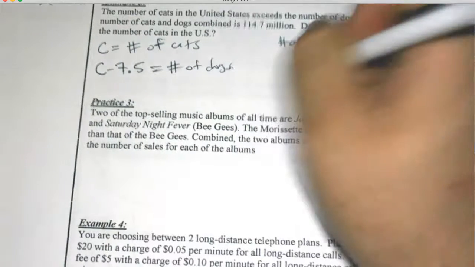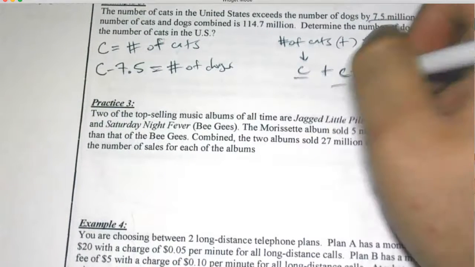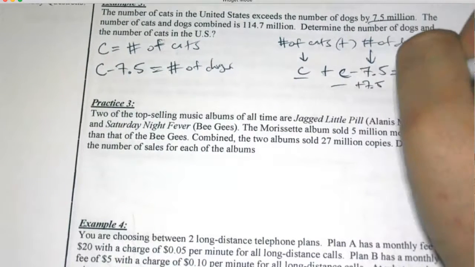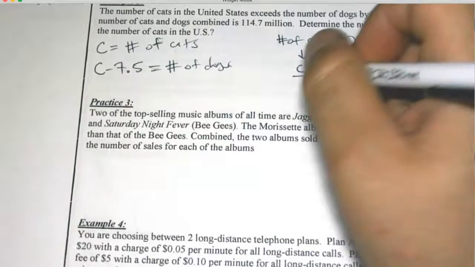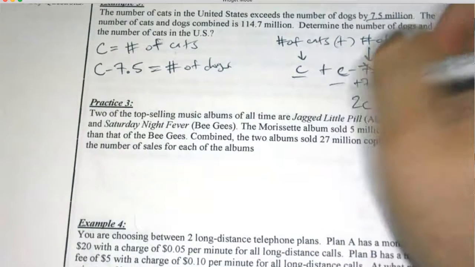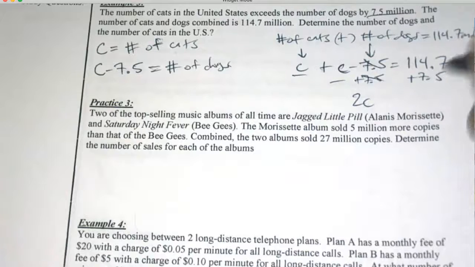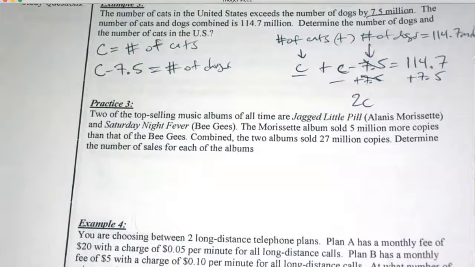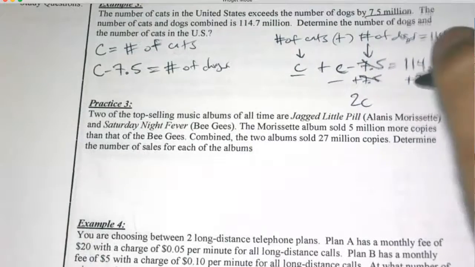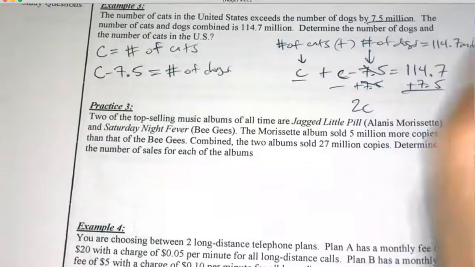So, find like terms. I'm going to add this 7.5 over to the other side. Same line here. 1C plus 1C is 2C. Cross that out, it cancels, it zeroes out. And 114.7 plus 7.5, you can do this by hand, but you can use a calculator too, whatever you like.